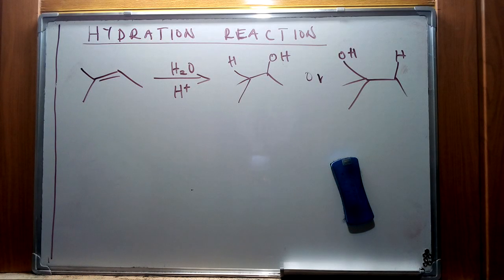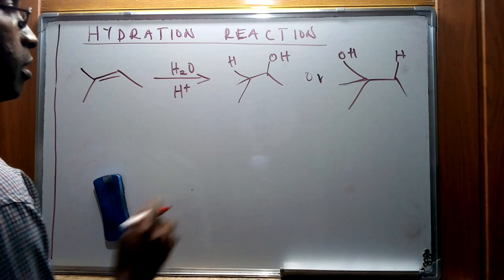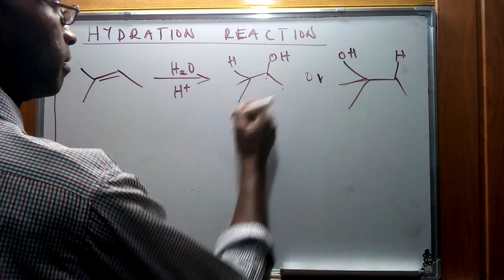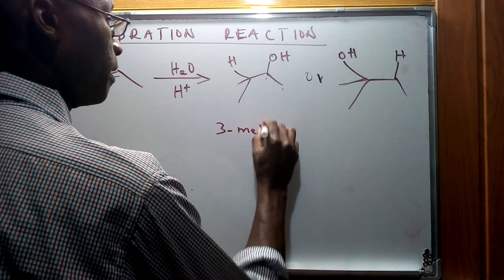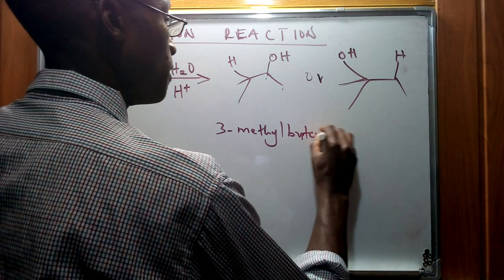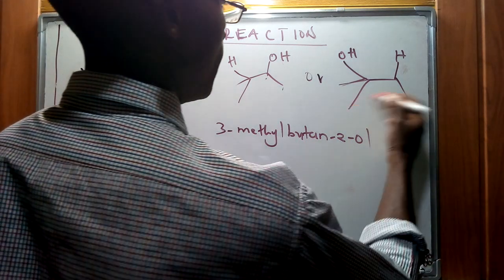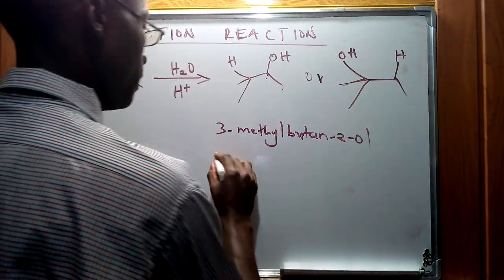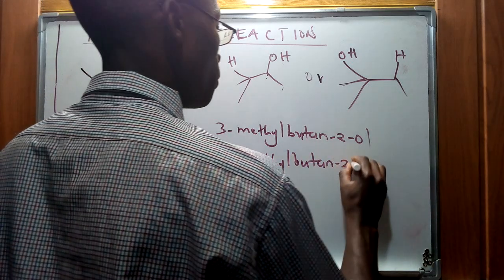If we try to look at those specific products, we have to consider which one has a priority of formation, or the degree of formation of this specific product. We have the first one named 3-methylbutan-2-ol, and the other one is 2-methylbutan-2-ol.